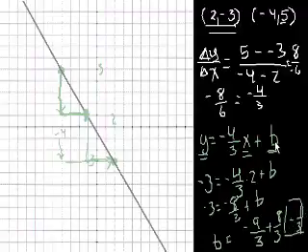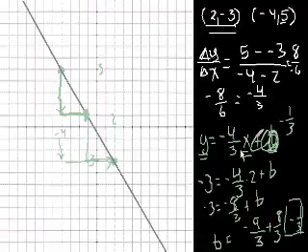So the equation of this line is y equals minus 4/3 x minus 1/3. I know this is extremely messy, but the equation of this line, once again, is y equals minus 4/3 x minus 1/3.